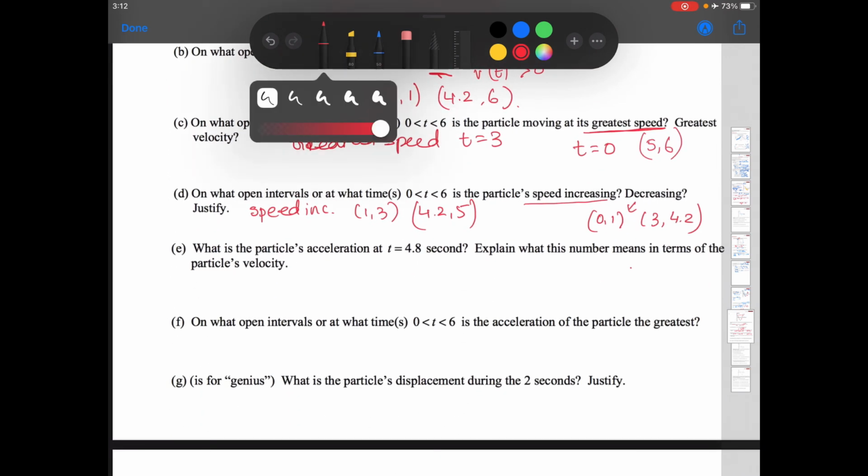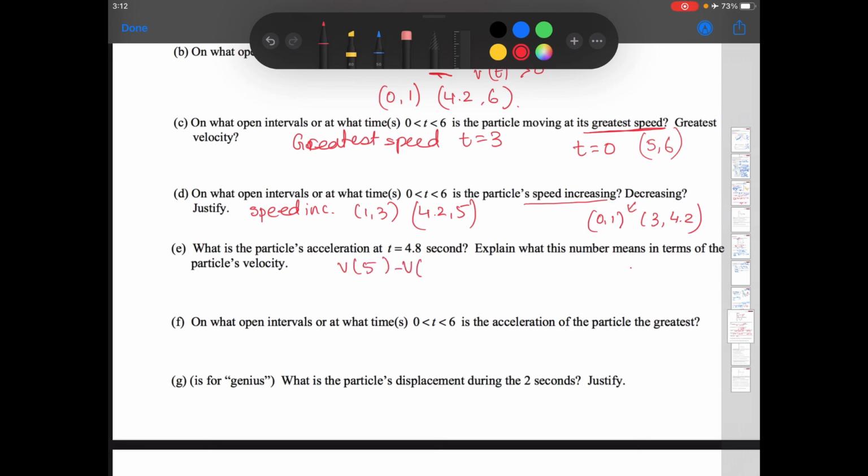So this would be v of 5 minus v of 3, over 5 minus 3, which is v of 5 is 4 minus negative 6, over just 2, not 0.2, which is 10 over 2, which is 5.